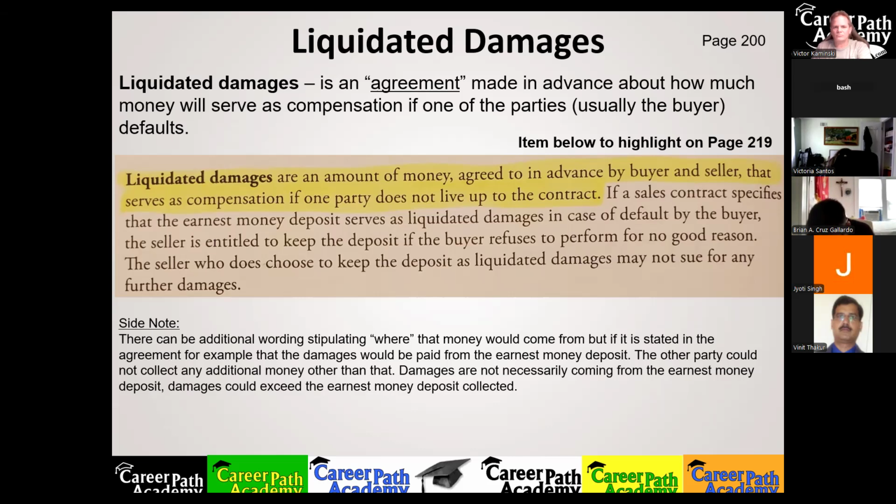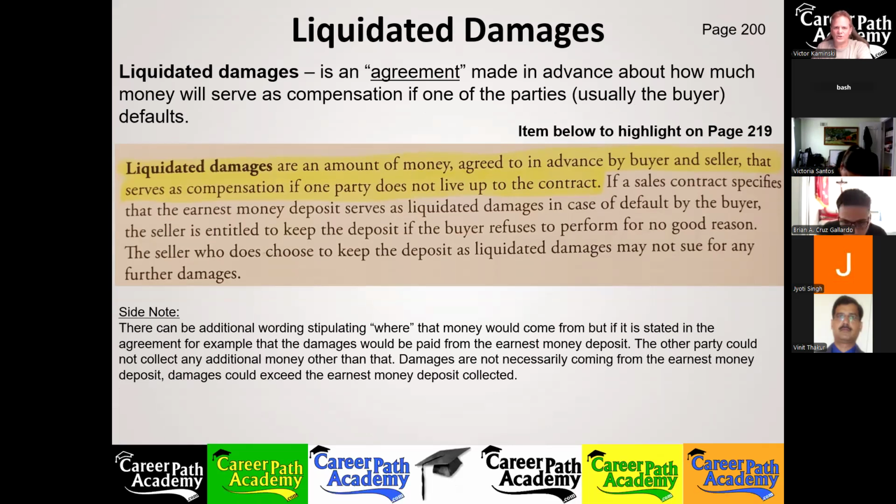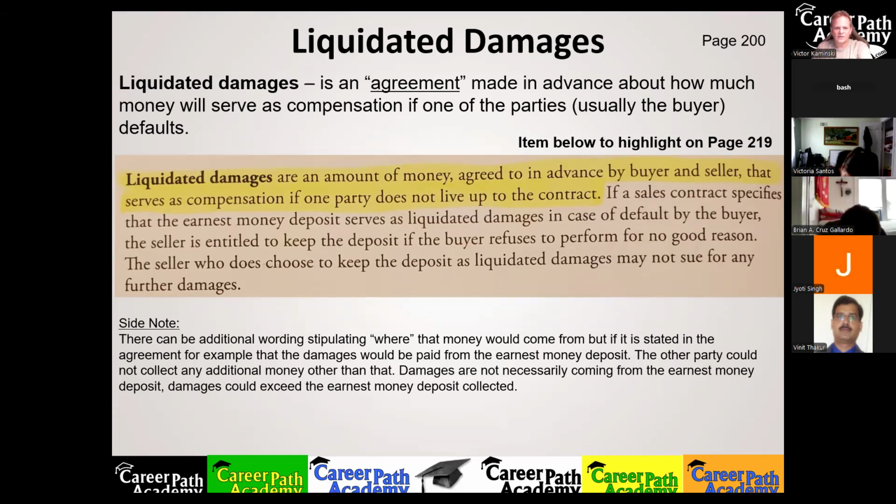So it's just an agreement about the amount of money that is to serve as compensation in the event one of the parties breaches the contract.